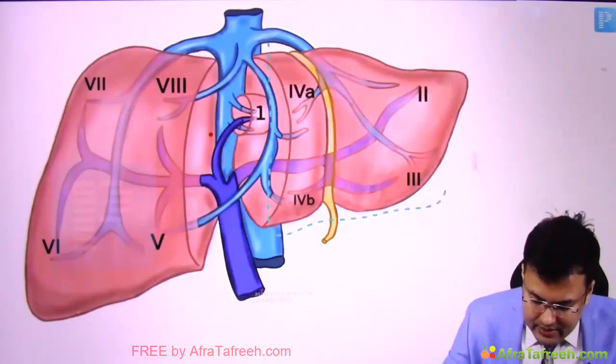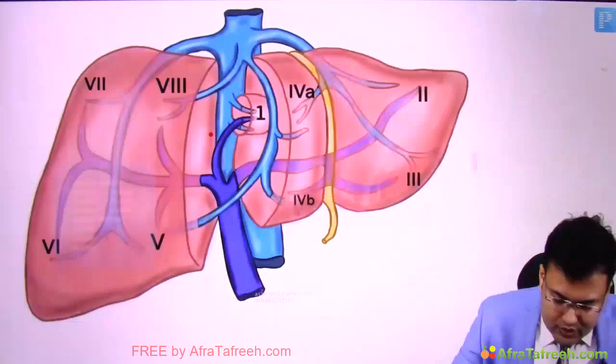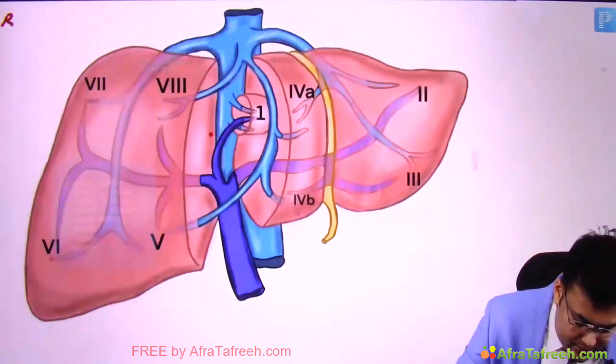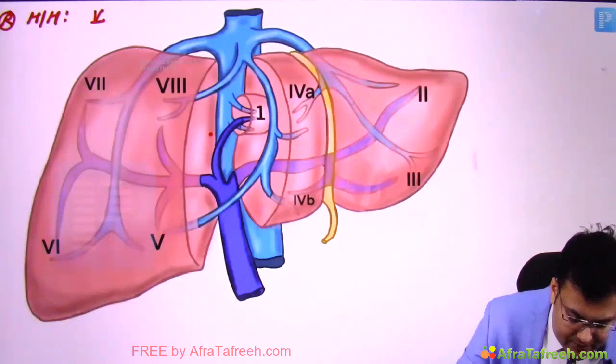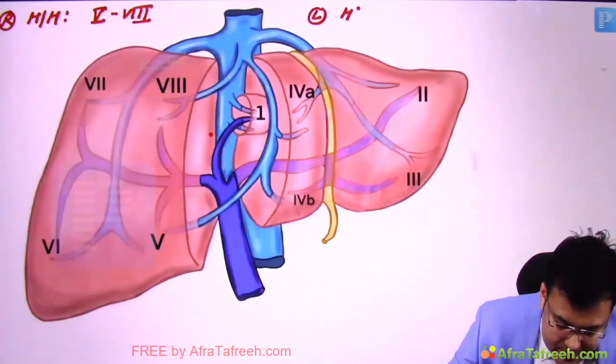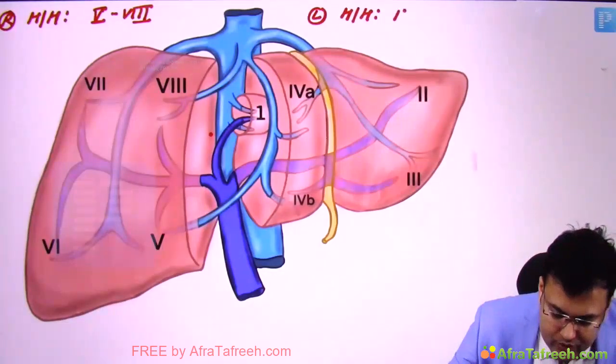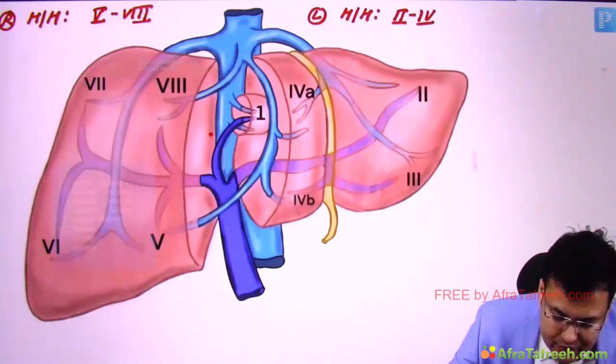In right hemihepatectomy we are going to remove segment 5 to segment 8. In left hemihepatectomy we are going to remove segment 2 to segment 4.